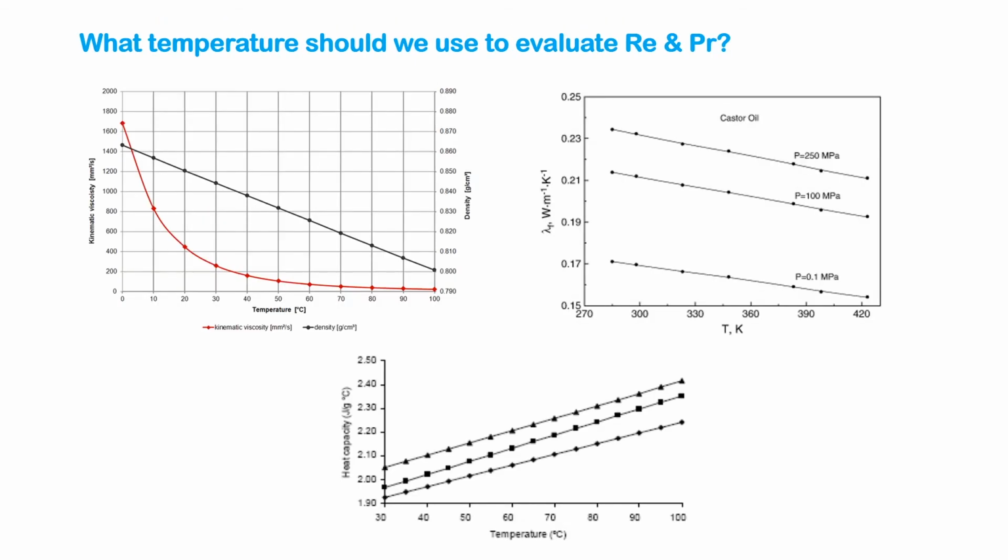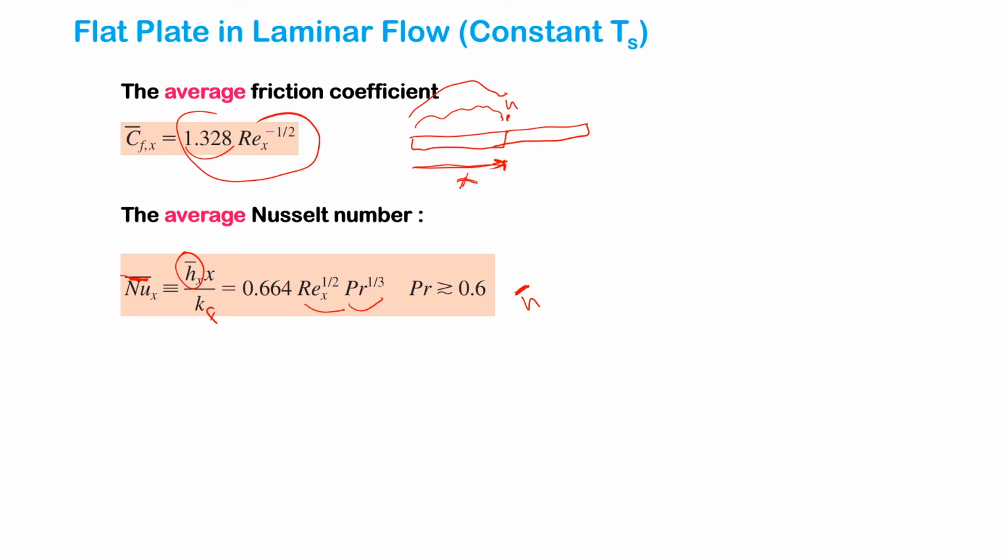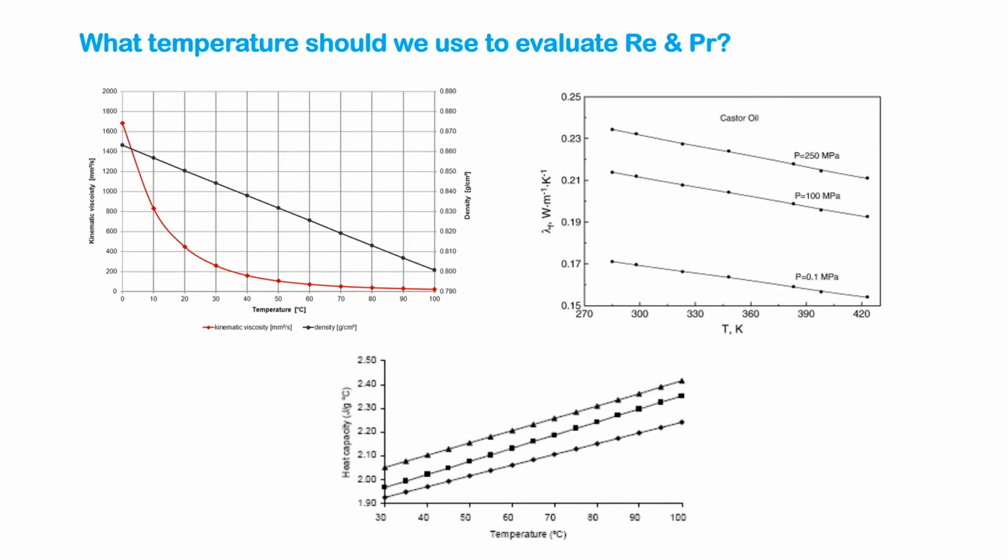So the next question is about all of these properties. For instance, if I want to calculate Reynolds number, I need to know viscosity and density. For Prandtl number, I need Cp and k of the fluid. So if there is an object at Ts, and we send the fluid around it at T infinity, the temperature is going to vary within the boundary layer, right?